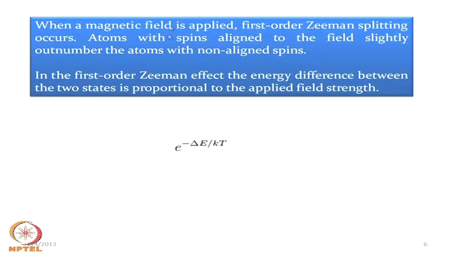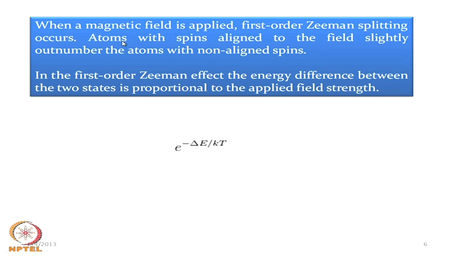So, when a magnetic field is applied to a compound or a free ion, a first order Zeeman splitting occurs. So, we can have different orbitals or different magnetic levels, and all these magnetic levels can have different energy values depending upon the alignment of all these electrons.